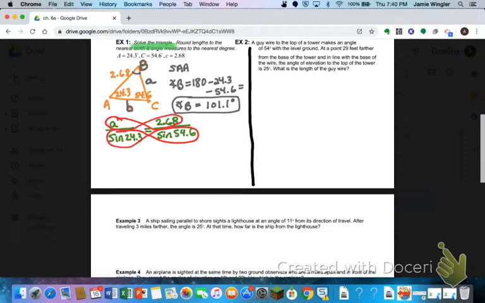As you get better at this, you can do this cross multiplication on your calculator. I'm going to get a times the sine of 54.6 equals 2.68 times the sine of 24.3. Then I divide both sides by the sine of 54.6. I'm going to make sure that my calculator is in degree mode.